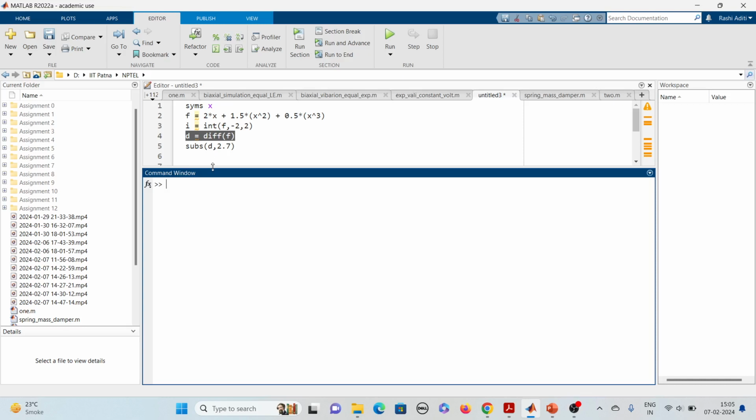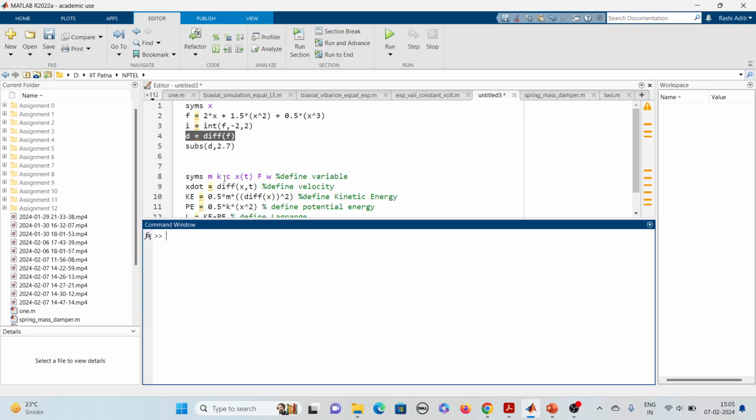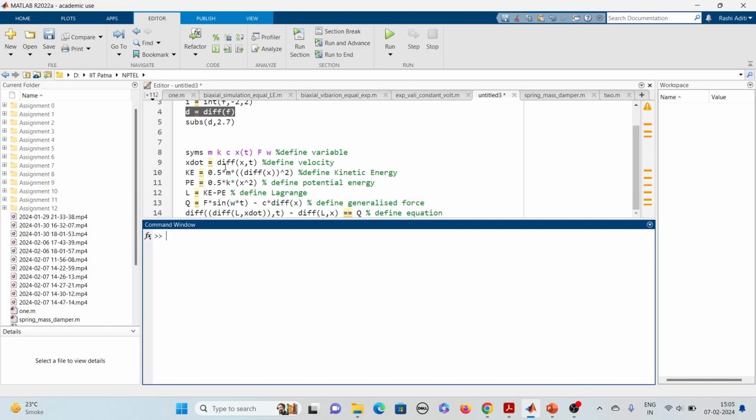Okay, coming on to the code. So here is the code. What have I done here? I have used syms again in order to define the variables m, k, c, x, f, and omega. Here you can see that I have defined x as a function of t, time. Why have I done that? Because definitely x is varying with time.